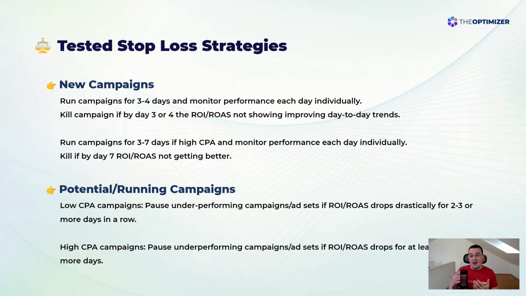Then if you're running a high CPA campaign, or if you're promoting products that are somehow too niche specific, or products that are a bit hard to sell, extend the testing up to 7 days. Run it at least 3 to 7 days or 4 to 7 days. Don't jump into conclusions too early, because while the campaign is running and of course it might not be profitable, Facebook is trying to find the best audience.